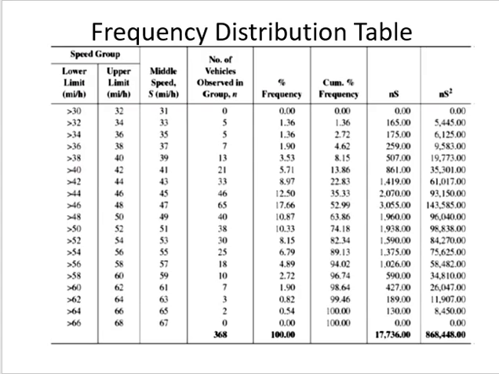Okay. So you had the lines and you made the speed groups and you collected the data, and this is the table which you have to work on later. The first two columns I already mentioned, right? The speed groups. The third column comes from the first two.